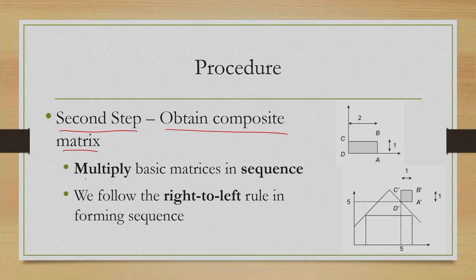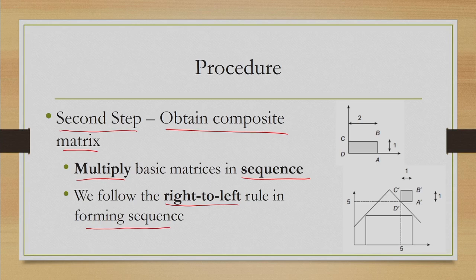What we need to do is to multiply the basic matrices in sequence, and this sequencing is very important. We follow the right to left sequence, that is a rule we follow to form the sequence.